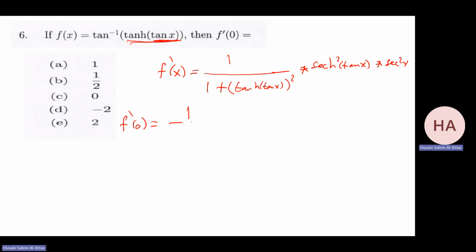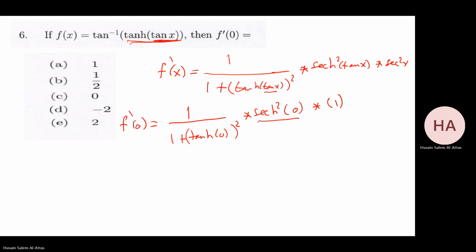That will be 1 over 1 plus tan hyperbolic of tan 0, which is 0. Don't forget the square. Times secant hyperbolic squared of tan 0. Tan 0 is 0. Secant squared 0 is 1. I know this is 1. What about tan hyperbolic at 0?